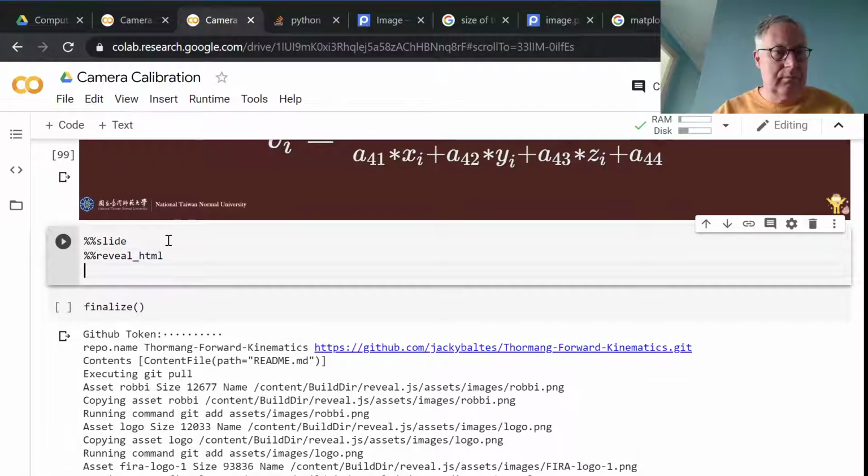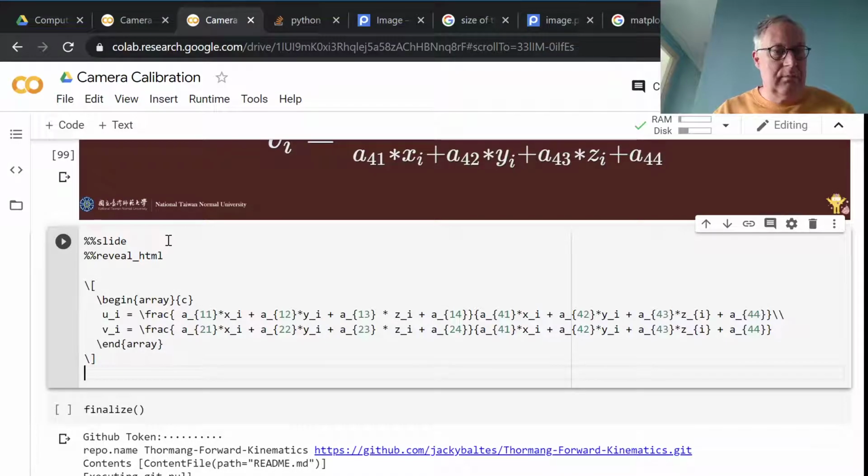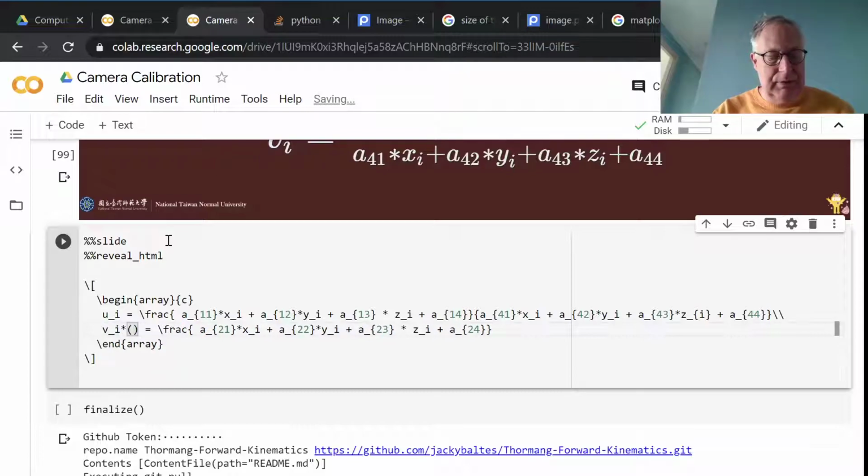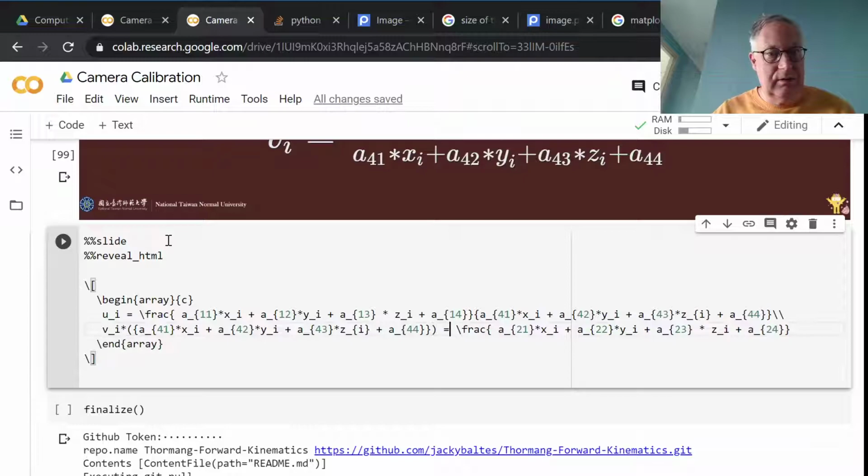So instead of dividing, I need to multiply this times VI, right? VI multiplied by this equal to that.